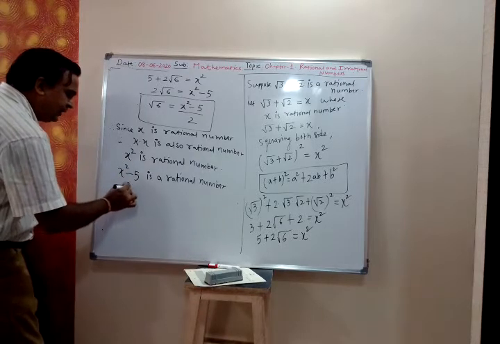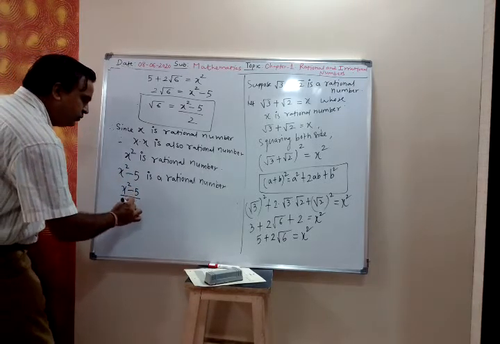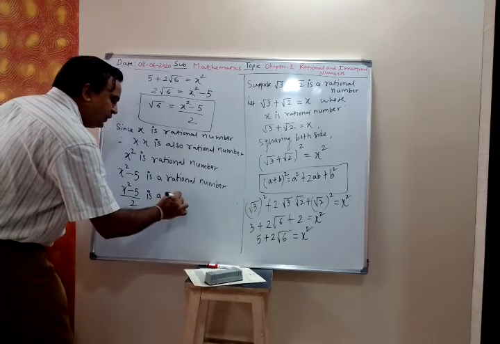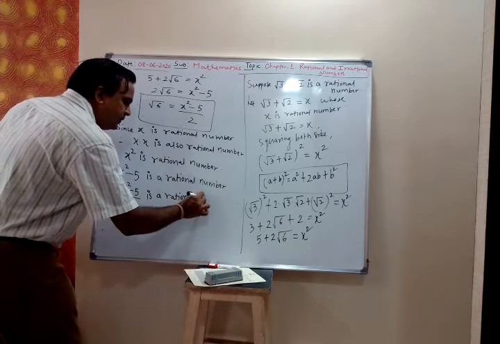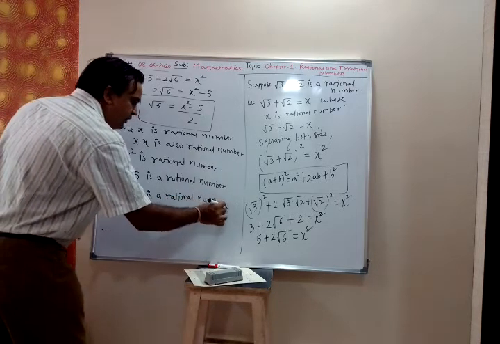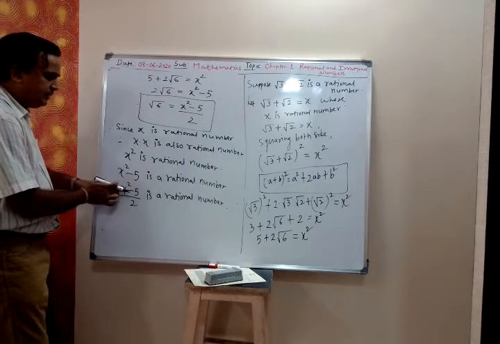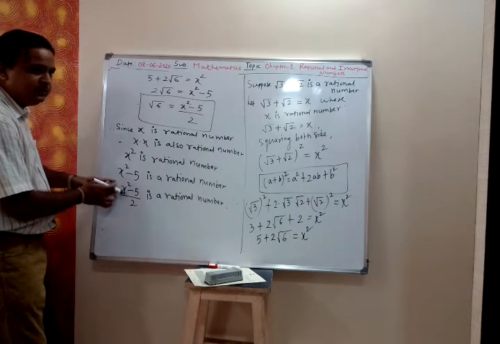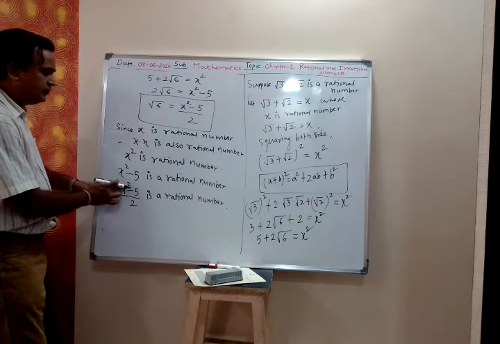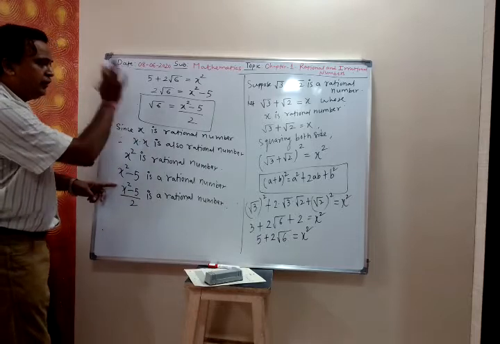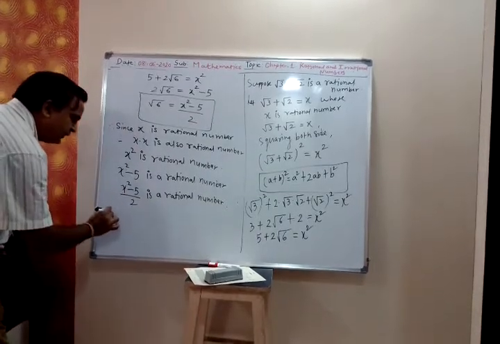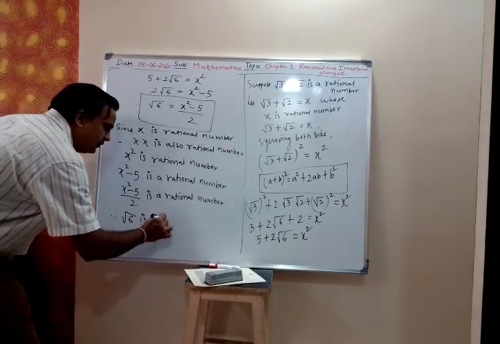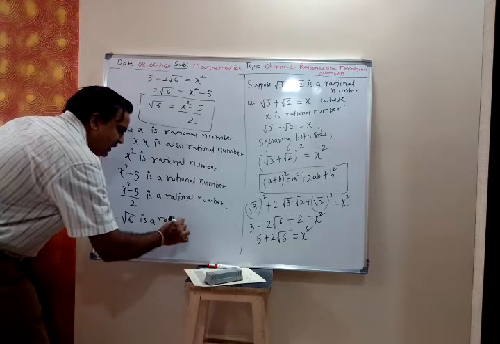So x square minus 5 upon 2 is a rational number, because x square minus 5 is rational and 2 is rational. So p by q is a rational number. But what is x square minus 5 by 2? Root 6. So root 6 is a rational number.